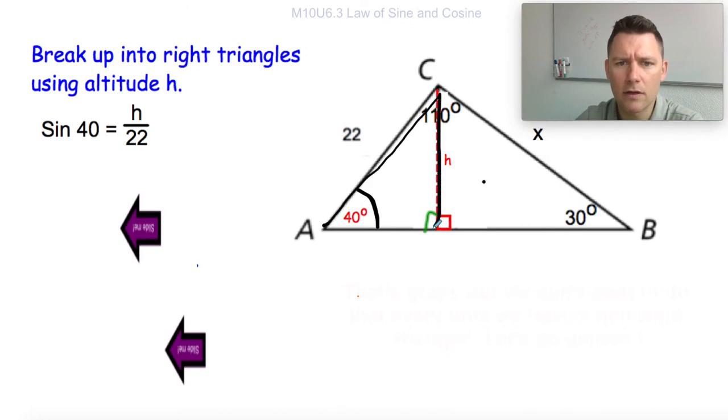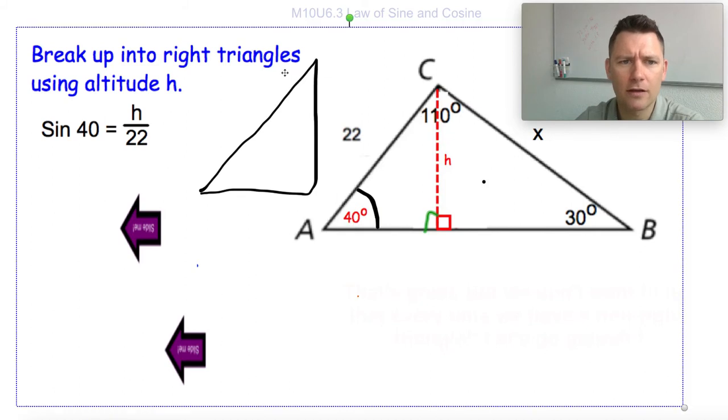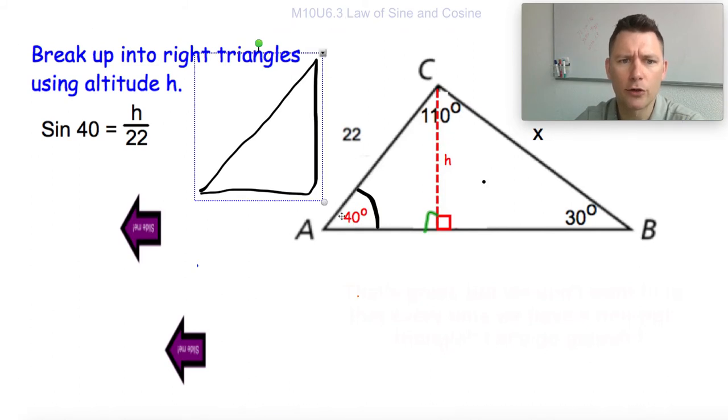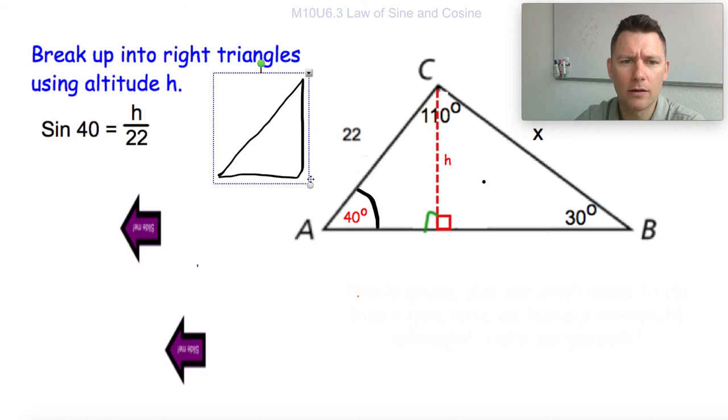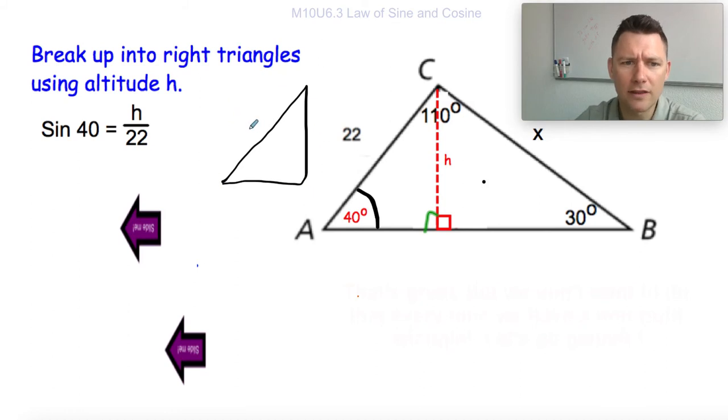If we extract this and look at it with our nerd goggles on, they told us that this side is 22. They told us that this angle is 40. And so we could figure out this height, h, right?